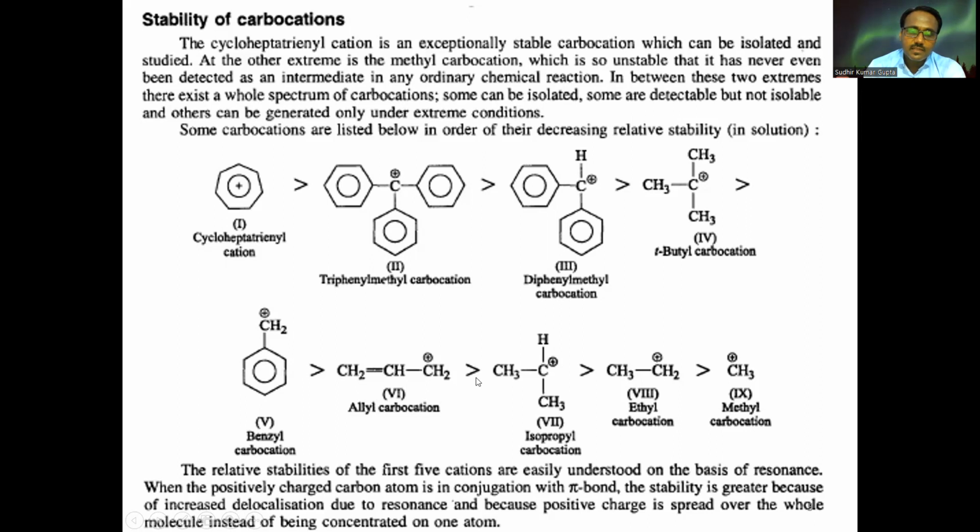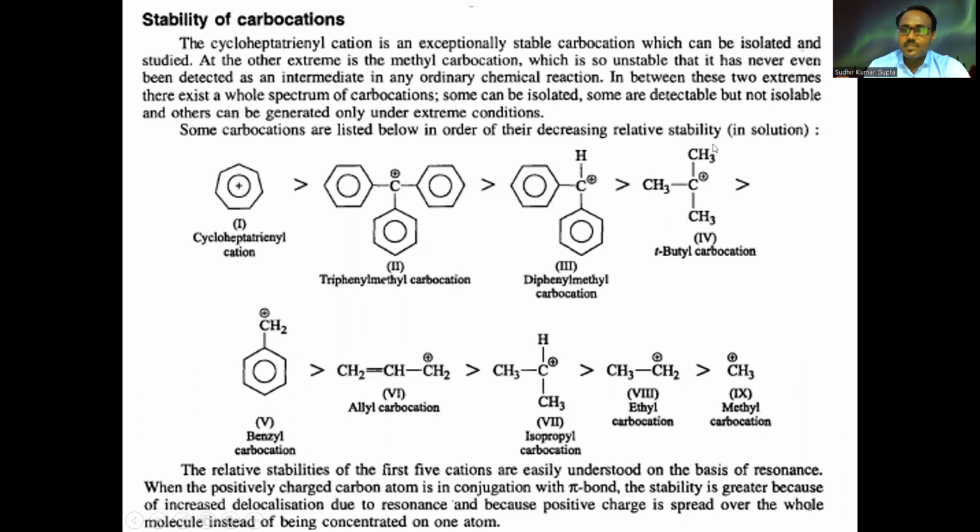More stable is the allylic carbocation, because in the allyl carbocation you can have two resonating structures. The plus charge on this carbon atom can migrate to this one, and these two carbon atoms can have a double bond. More stable is the benzyl carbocation, where this positive charge can be delocalized in the phenyl ring. And more stable than the benzyl carbocation is the tertiary butyl carbocation.